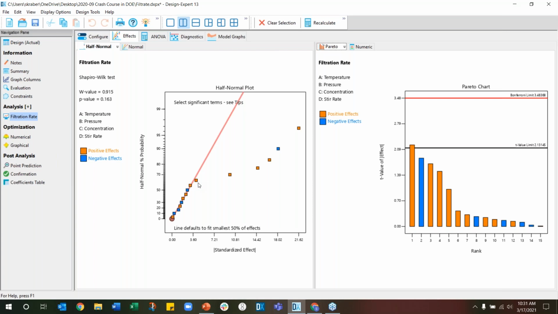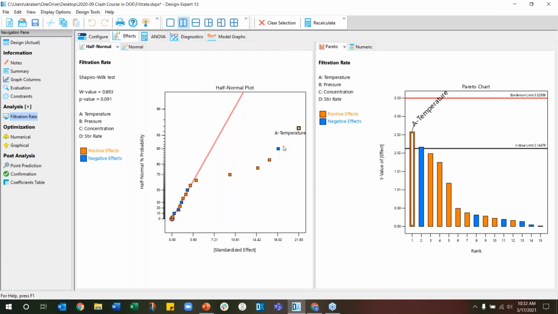We want to leave them to be the denominator of our test. In the numerator, we want to select the terms that are jumping off the line. These are the big effects. If you look at the x-axis down here, it goes from 0 to 21. And so the bigger the effect, the more likely it is to be significant.